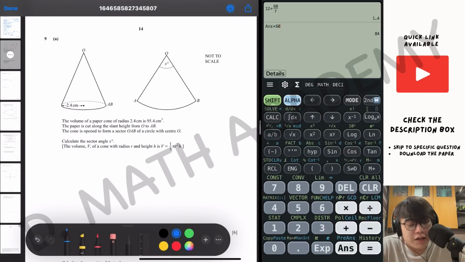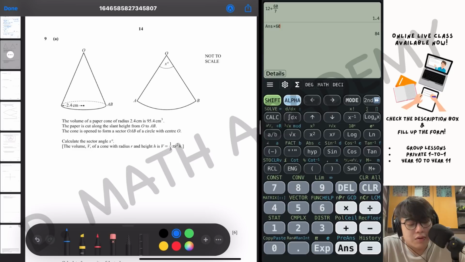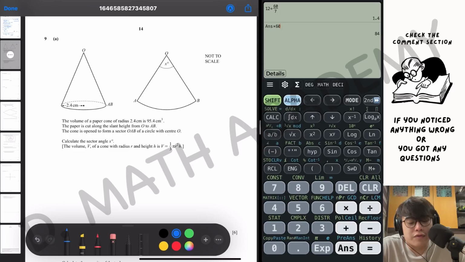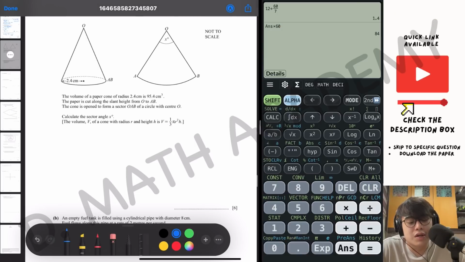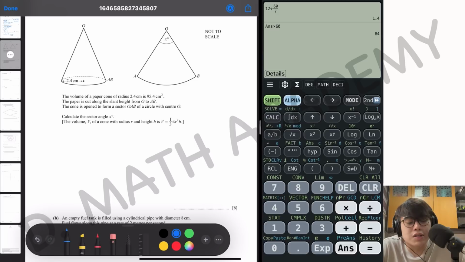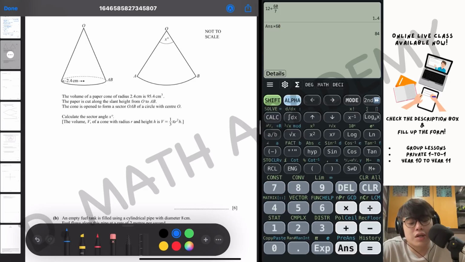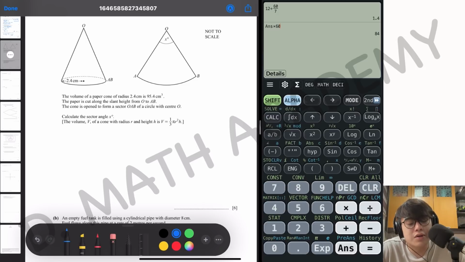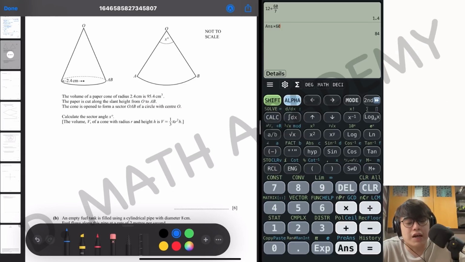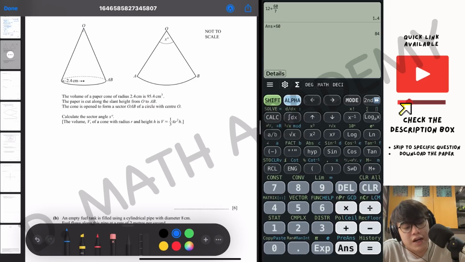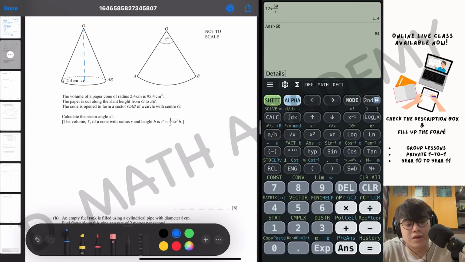Moving on to question 9. A paper cone with a radius of 2.4 has a volume of 95.4 centimeters cubed. The paper is cut along the slant side and then opened up. Find the sector area. Things to take note is that they will share the information here. There's a few things that you have to find. First one is the height, because with this height, you'll be able to identify your radius.